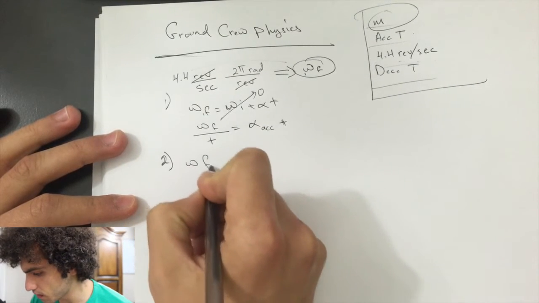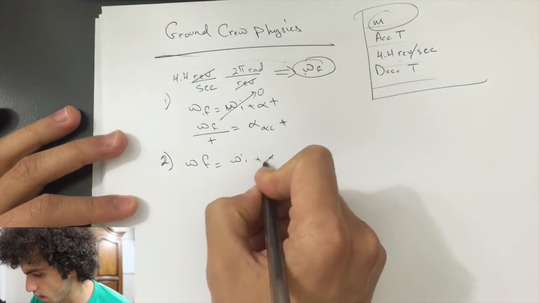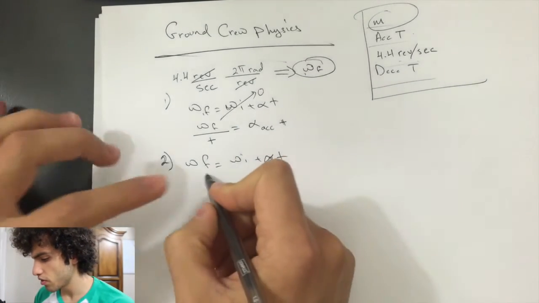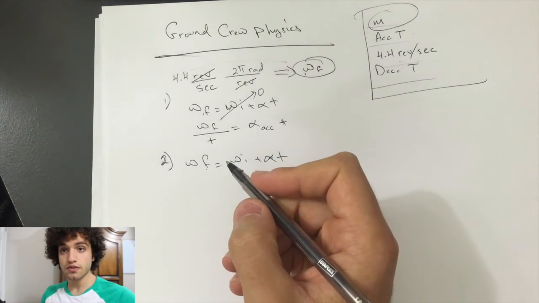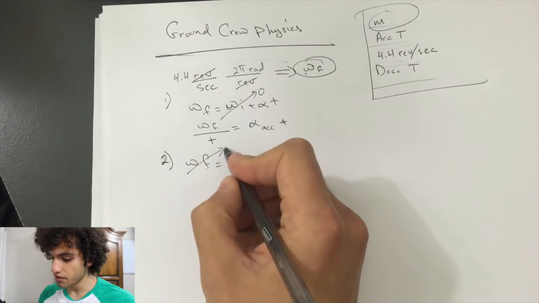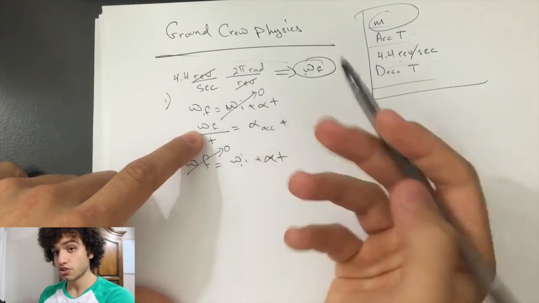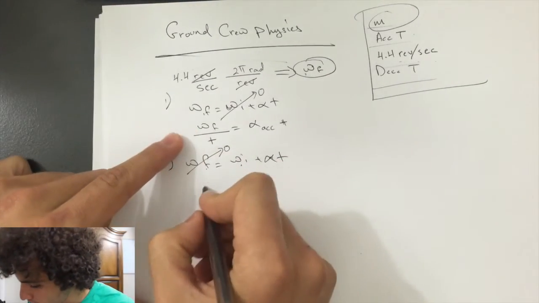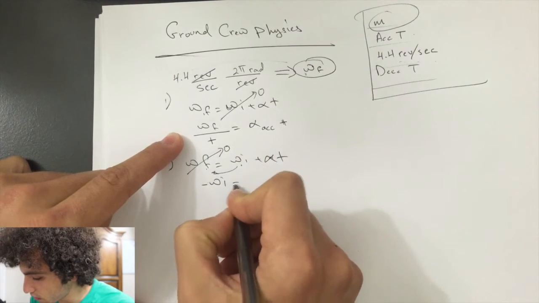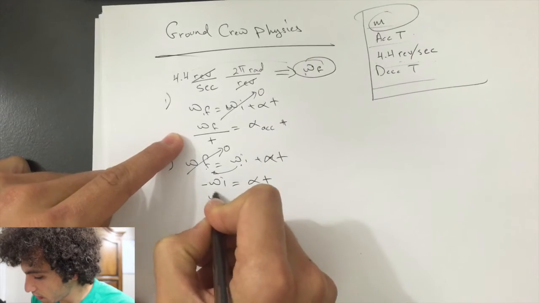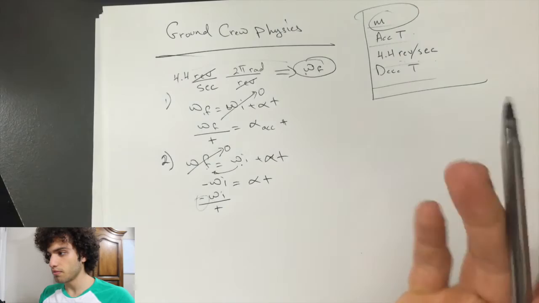So we do the same thing: omega final equals omega initial plus alpha t. Since it's decelerating, going from full speed to 0, the final will be 0, and the initial will be the final from the question before. So when you take it to the other side, it'll be negative omega initial equals alpha t, then alpha equals negative omega initial over t. Okay, don't forget the negative. They're not going to accept that without the negative sign.